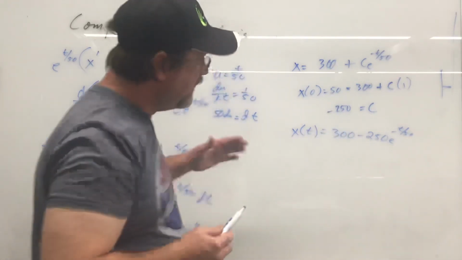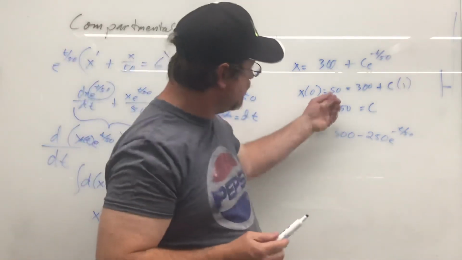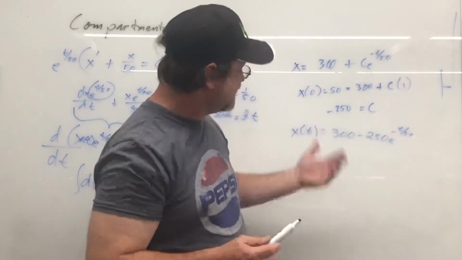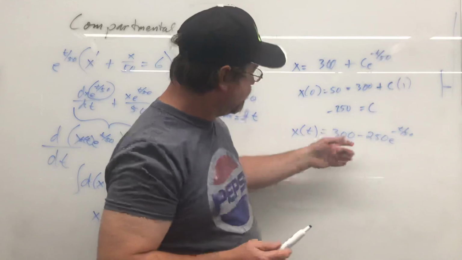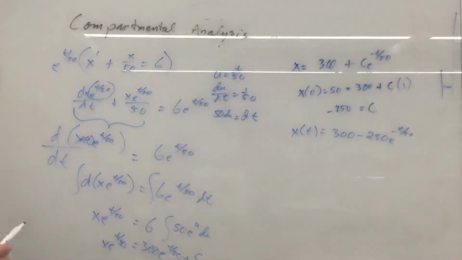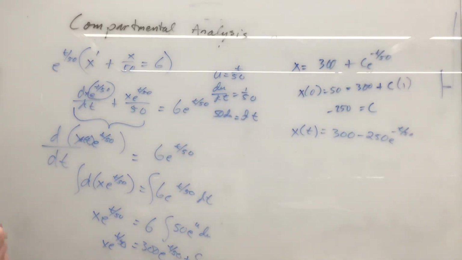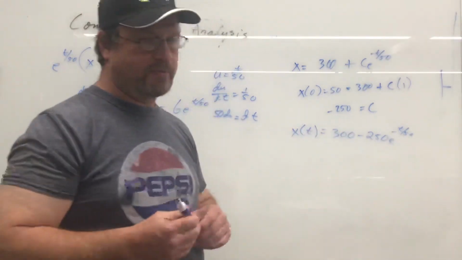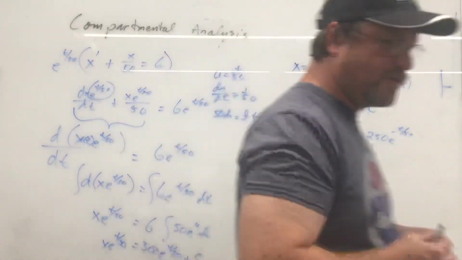So it starts at 50, and there's going to be a gradual and exponential increase in the amount of salt in the tank because of the exponential decrease in this term. We have some maximum that it's going to reach. As long as we don't put in a higher concentration than that, it can't go higher than that. But over time, as time goes to infinity, we're going to get all the way up to 300 pounds in the tank. But that's the concentration as a function of time.